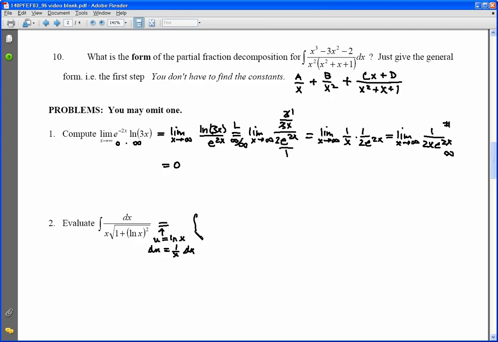So this would be integral du up on top, and on the bottom, square root 1 plus u squared.